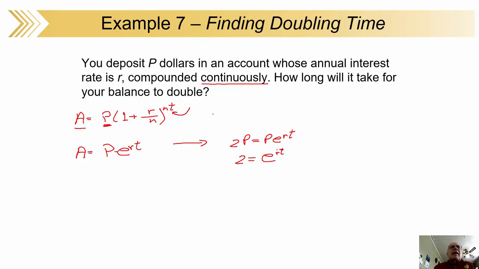Now it says, how long will it take the balance to double? Let's see. Well, I can't solve it the way it is. I'm going to have to switch it to a logarithm. What kind of logarithm? Natural logarithm, of course. So I'll have the natural logarithm of the left-hand side and the natural logarithm of the right-hand side.